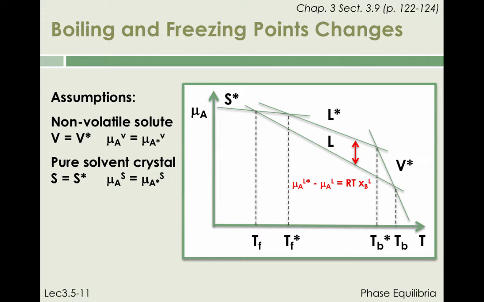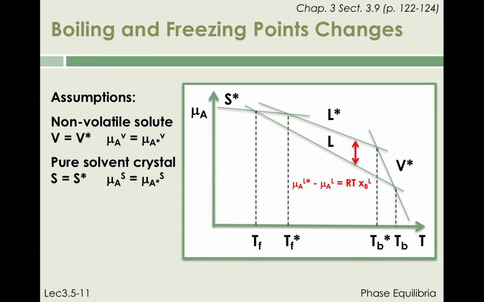Third, we assume that the solute is present in small concentration. Under such condition, the solvent is almost pure and obeys Raoult's law. So its chemical potential can be written as μAL equal to μA star L plus RT times the natural log of XAL, which can be recast for XAL values close to 1 as μA star L minus μAL equal to RT XBL.